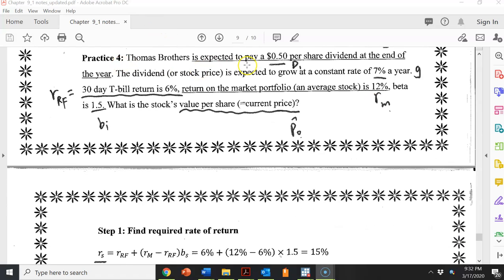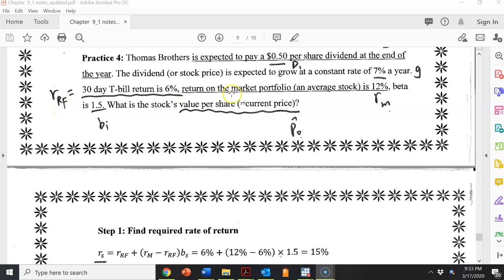Practice 4. This firm is expected to pay a dividend of 0.5 per share at the end of the year, so it's D1. Dividends are growing at the constant rate G of 7%. The 30-day Treasury bill return is 6%. Remember, the 30-day Treasury bill return is the risk-free rate RRF, 6%.